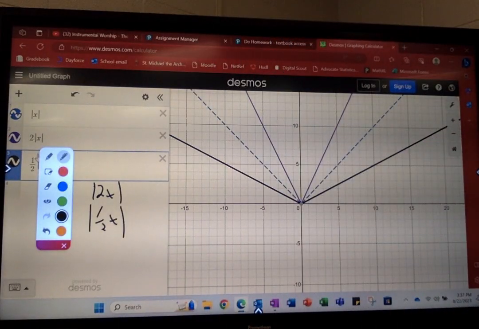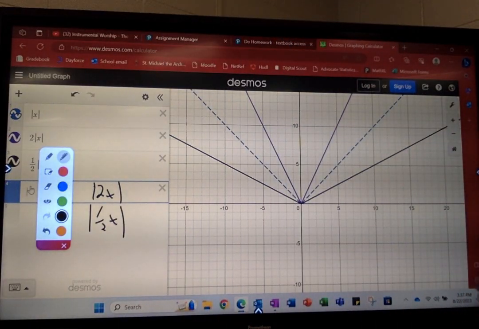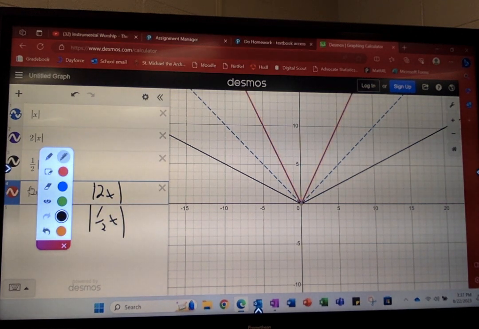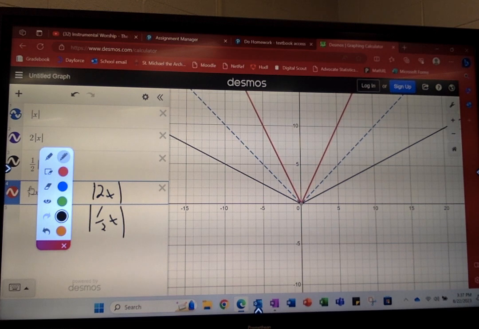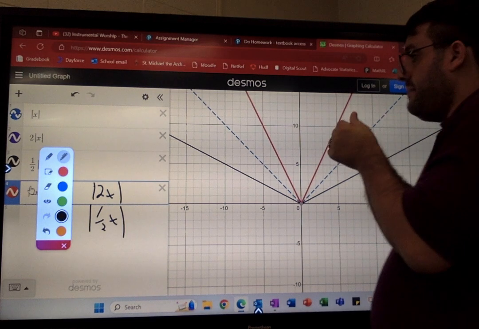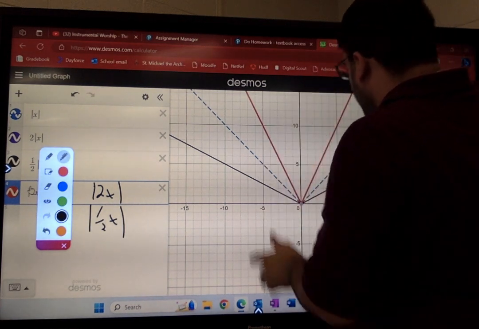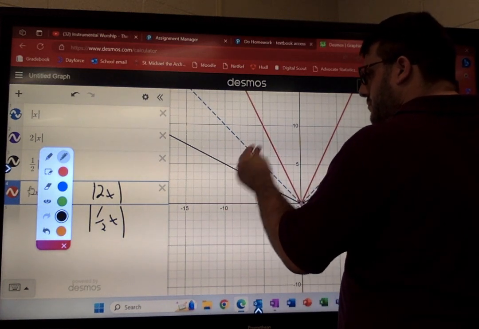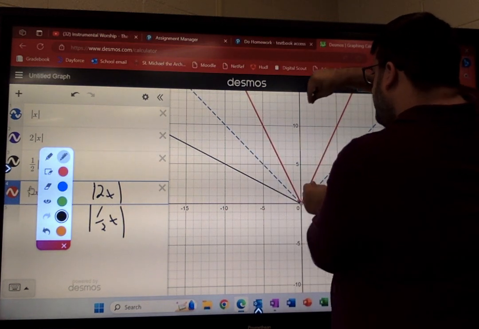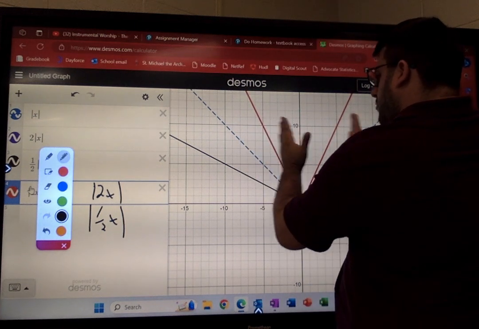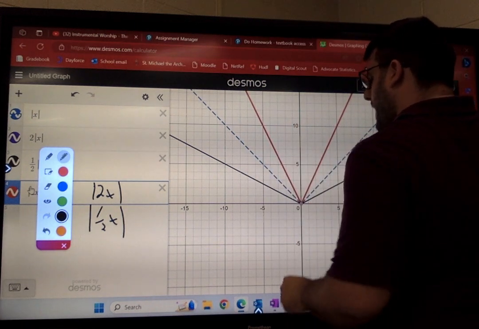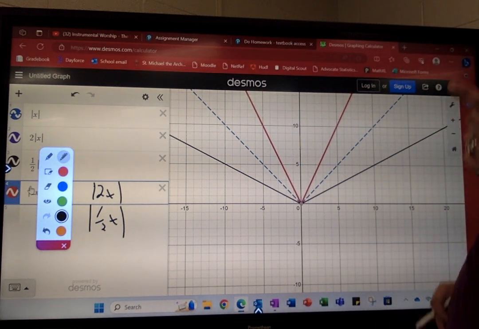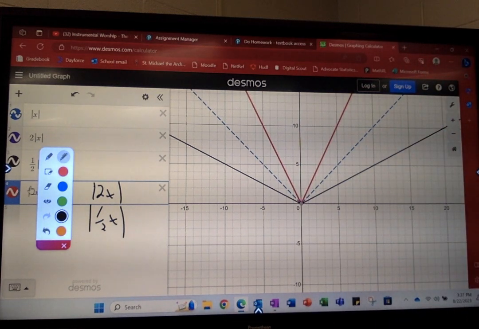So watch what happens when I take the absolute value of 2x on the inside. So notice how it's the exact same, and remember that's a horizontal compression because the c is greater than 1. So as I'm stretching it vertically, I'm also compressing it horizontally. Okay? So vertical stretches are similar to horizontal compressions.